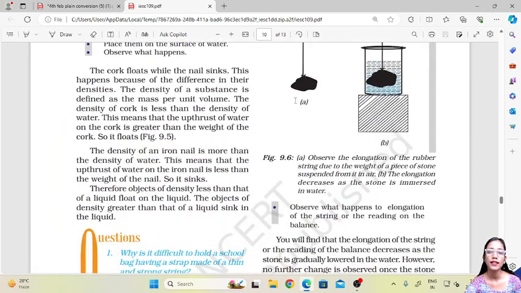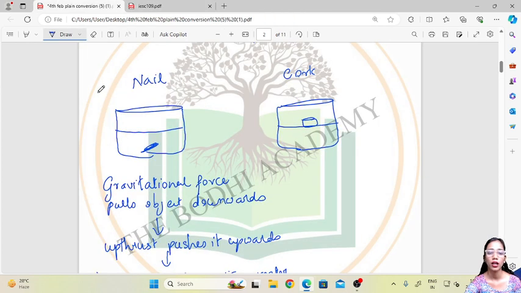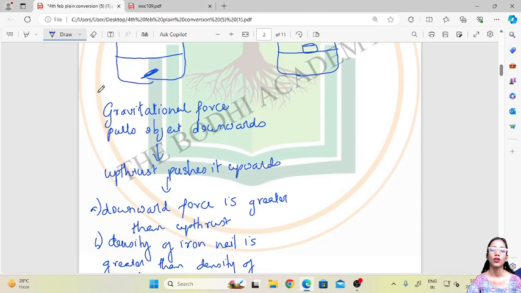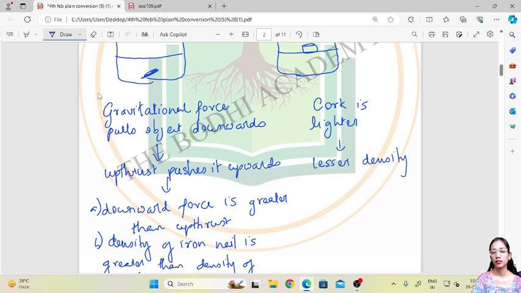Now second, the cork floats while the iron nail sinks. This happens because of the difference in their densities. Now we talk about the cork. First of all, the cork is lighter, and it has a lesser density than water.